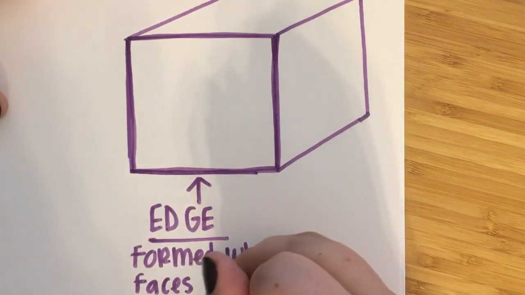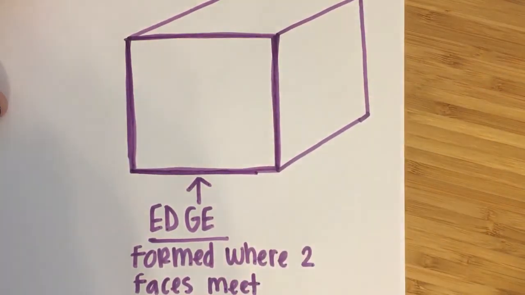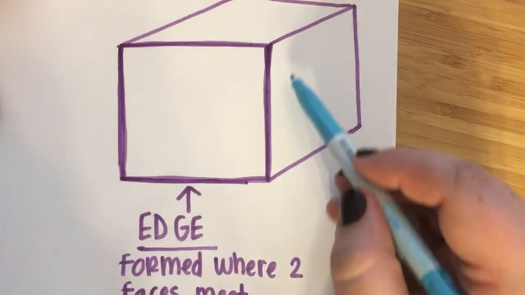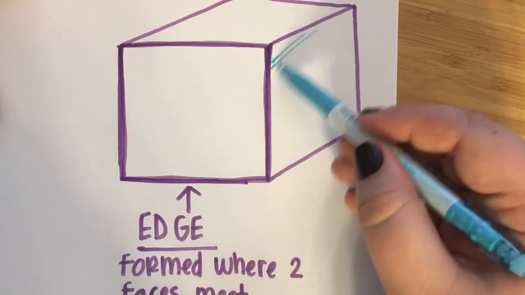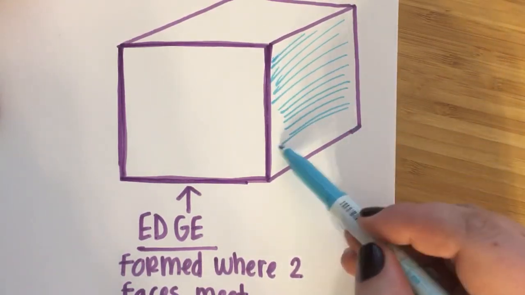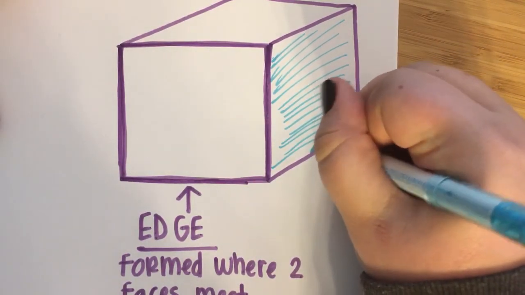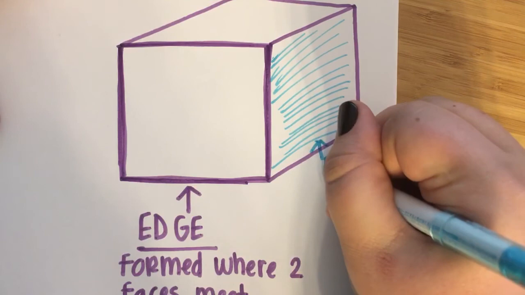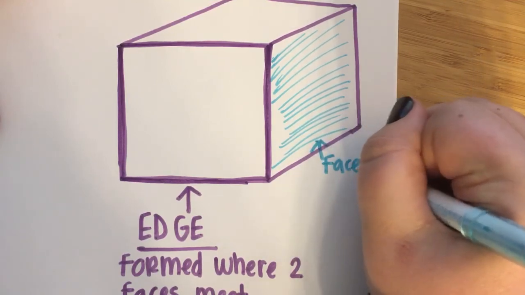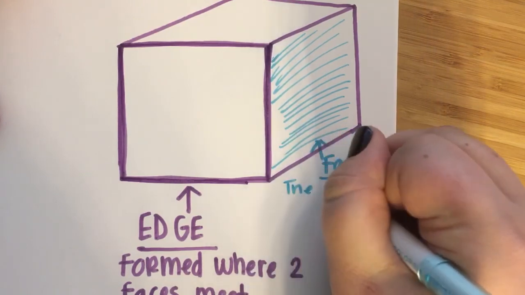You may be thinking, but Miss Billman, you haven't told us what a face is. Okay, that's right, I haven't, but I'm going to tell you right now. A face, you see, I'm getting out my blue marker. A face is the flat part of a solid. So when we're talking about faces, we see it a lot in nets, which is all throughout Unit 4.